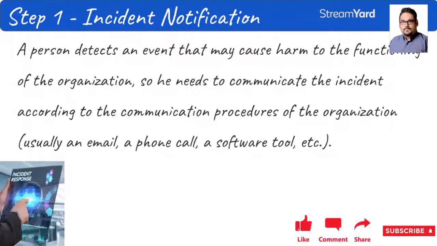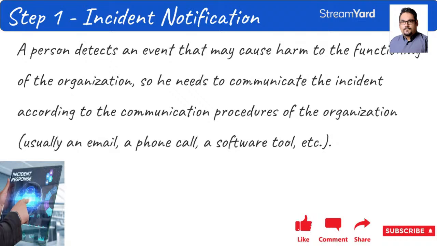So, number one, the first step is incident notification. So, what is incident notification? In this process, in step one, a person detects an event that may cause harm to the functionality of the organization, to the business. So, he communicates with the communication procedures of your organization.